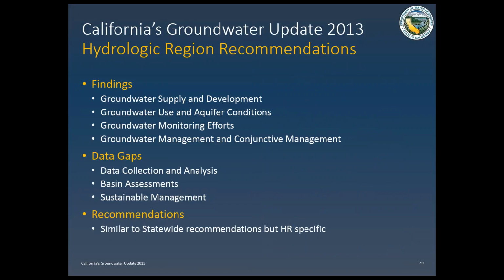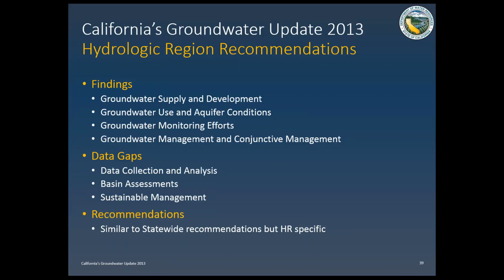Each of the hydrologic regions has recommendations that we performed when we did the analysis. So we identified findings for each of the regions that dealt with groundwater supply and development, groundwater use, aquifer conditions, what monitoring was occurring in those regions, as well as the status of groundwater management, and any conjunctive management that was occurring.